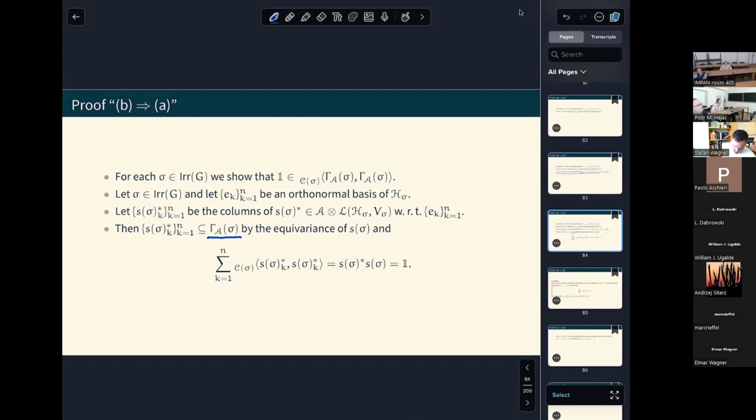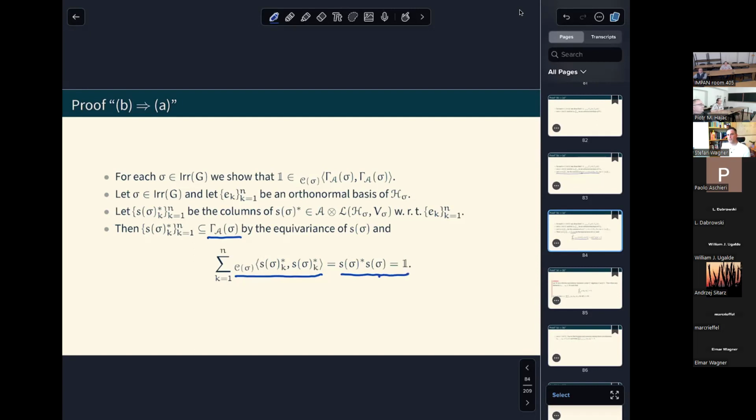If you plug in these elements, these columns, and you sum from 1 to n, you're going to see that this is exactly the same as S sigma star S sigma, but since S sigma was an isometry, this will give you the 1.